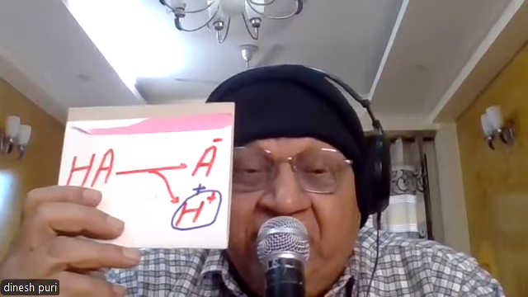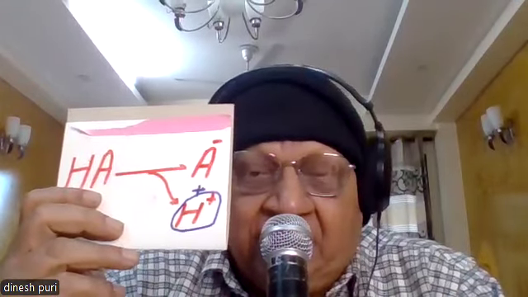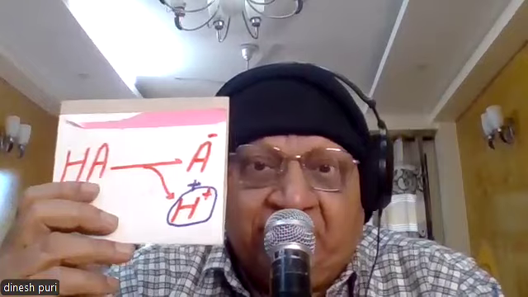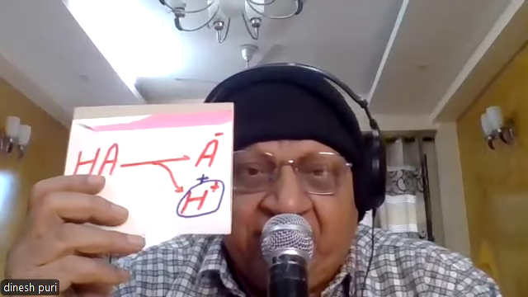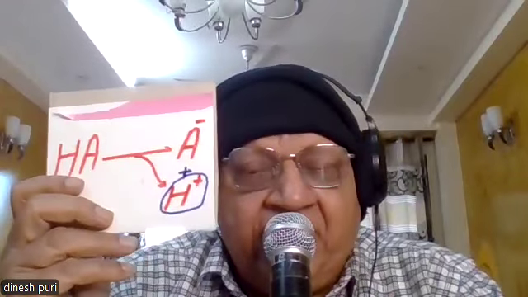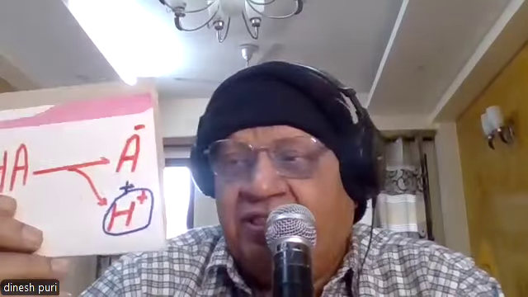So in our body, so many buffers are there comprising a weak acid, which has a very weak tendency to donate a proton. And where is an acid, where is a base within the histidine, that we are going to see.